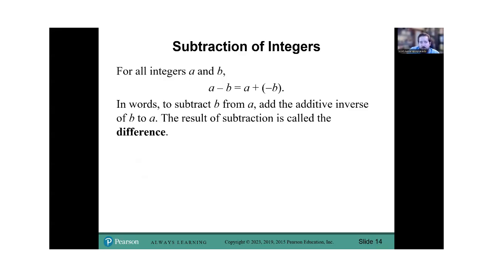When we subtract, if it's A minus B, it's just regular subtraction as we think of it. But we can also think of it as an addition, right?